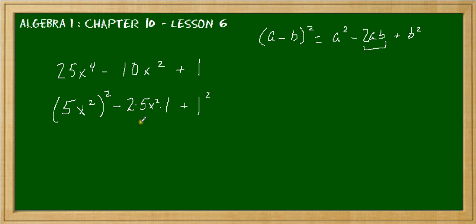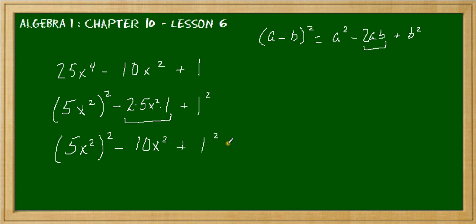Well, I suggest to you that if we multiply this, it will be, because we will now have 5x squared raised to the second power minus 10x squared. That's 1 times 2 is 2 times 5x squared is 10x squared, plus 1 squared. So we do have an opportunity.